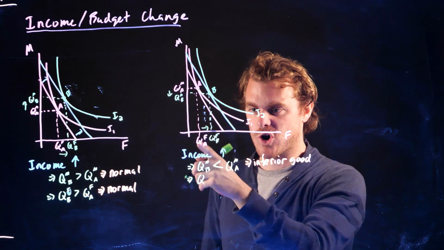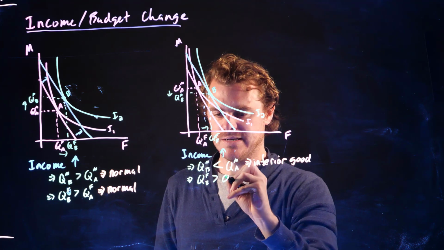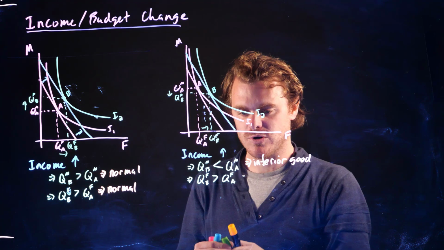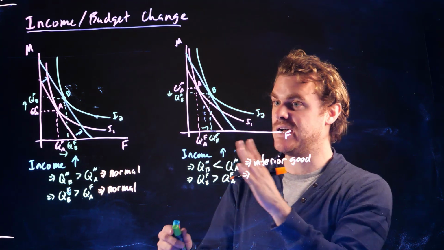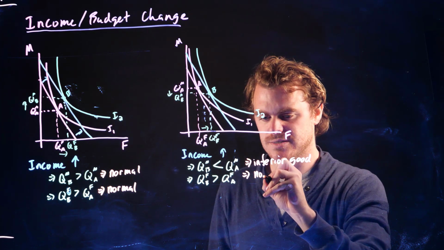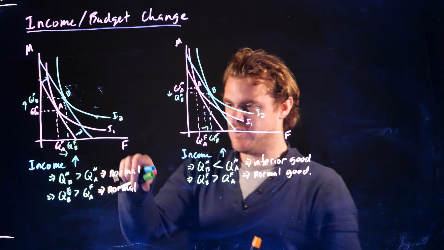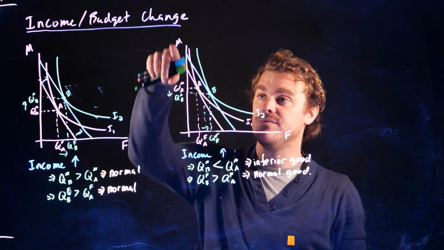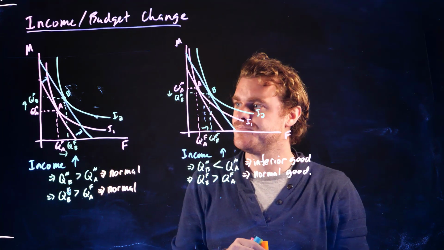Now, fish is a normal good because our income went up and we still purchased more fish. In fact, we can only draw one inferior good on a graph. We couldn't have two inferior goods on the same graph. So we can either have two normal, or one of the goods could be normal and one inferior. Here the inferior good is on the y-axis, but it could also be on the x-axis.